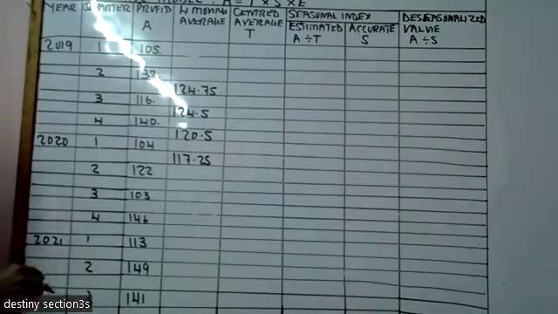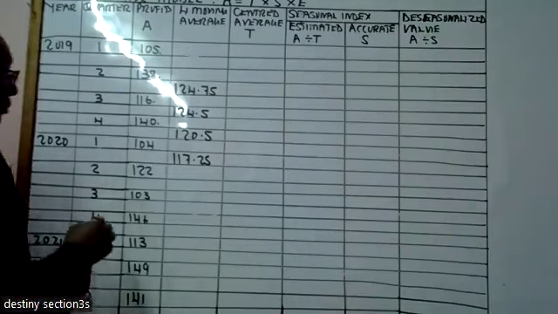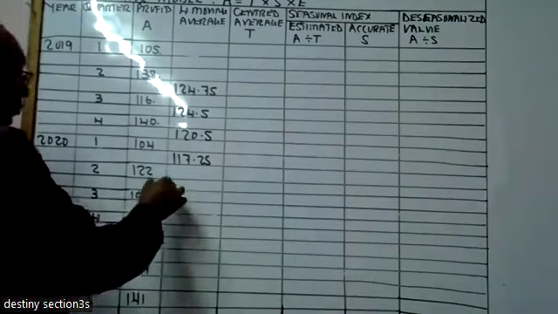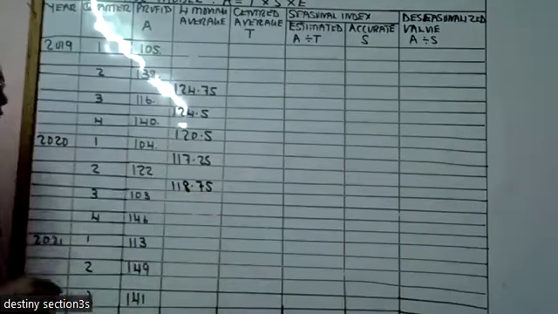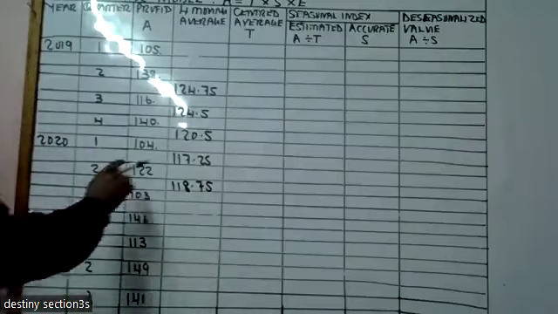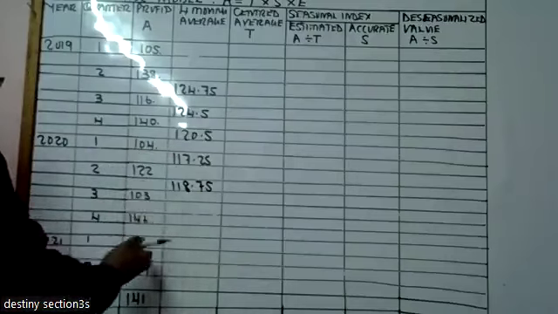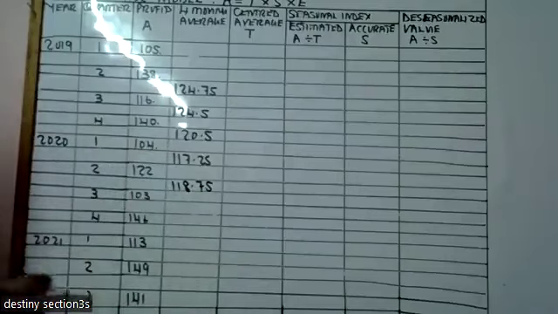Divide by 4. 118.75. So drop 104, take 122 plus 103 plus 146 plus 113. Divide by 4. 121.